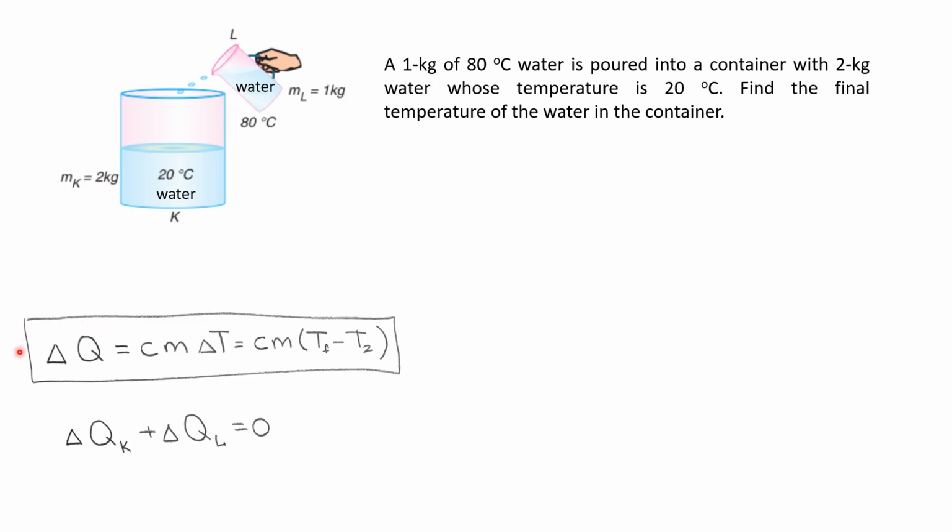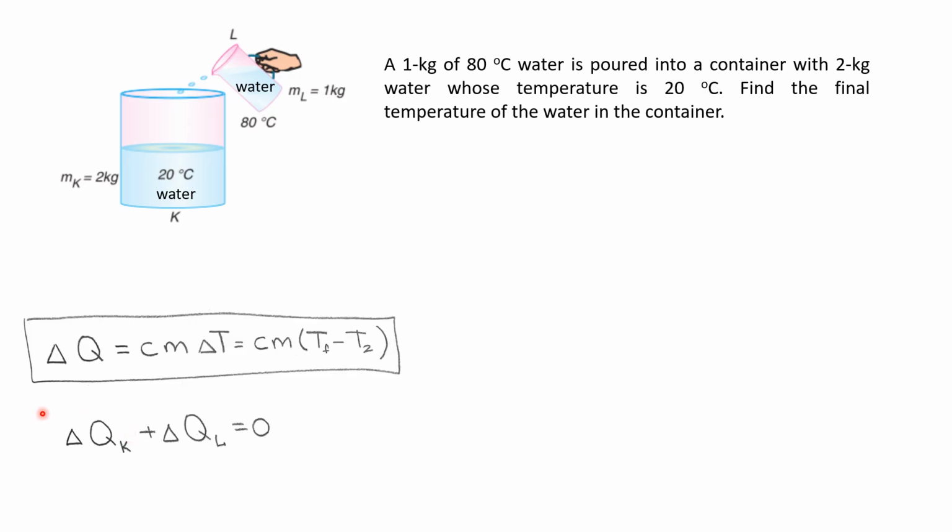The amount of heat change, whether lost or gained, is equal to the specific heat of that object, its mass times the change in its temperature. Or in other words, C times M times final temperature minus initial temperature.